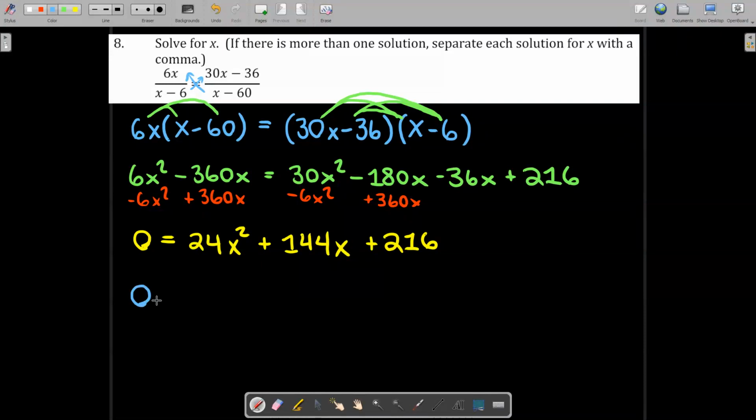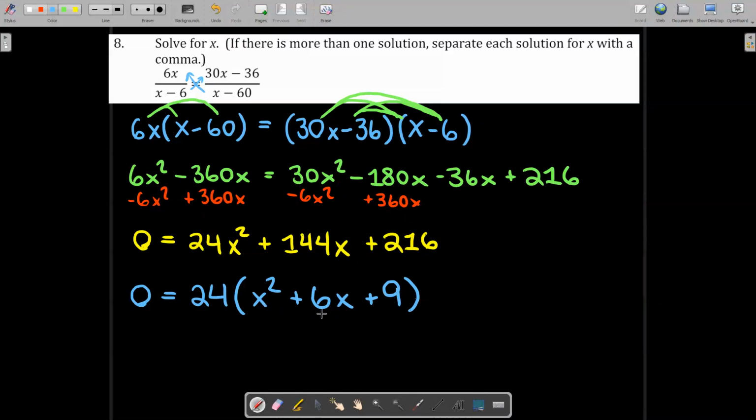So 0 equals 24, and then in parentheses, we're going to divide each of these by 24. That'd be x squared, and then this would be 6x, and then 216 divided by 24 is 9.